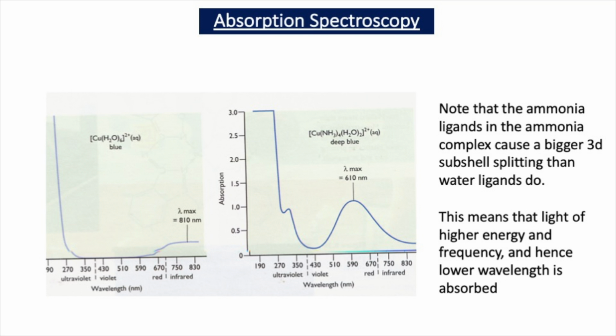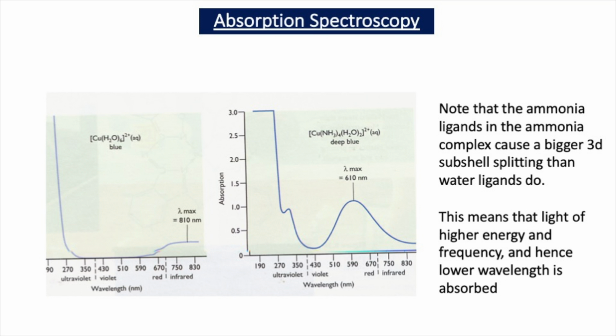Now, our evidence for d-d electron transitions comes from spectroscopy. If we pass light through these complexes, we can measure the wavelength at which absorption occurs. Now, for the [Cu(H2O)6]2+ complex, light is absorbed at a maximum wavelength of 810 nanometres, which occurs at the red end of the spectrum.